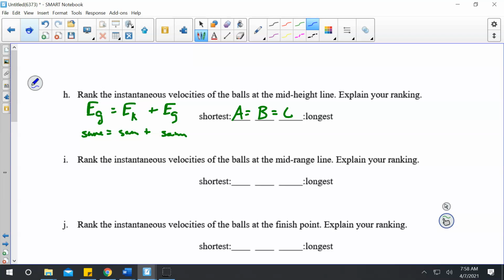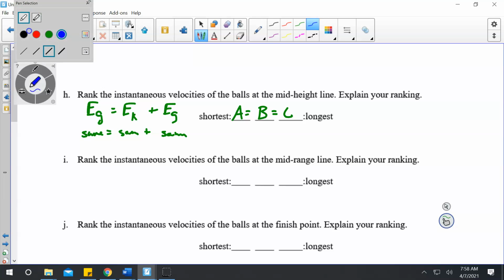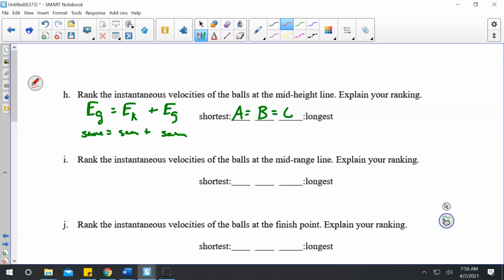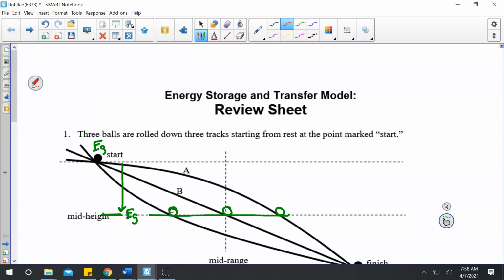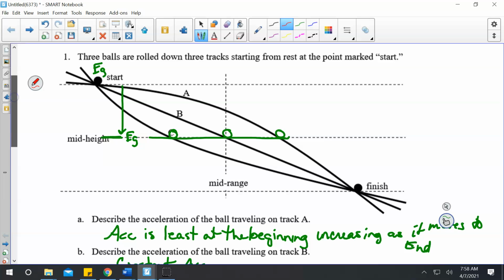Now, the next one, they want you to rank the instantaneous velocities at the mid-range line, so you need to go back and look at that. So if you look at the mid-range line, which is this one right here, right there's the mid-range line.